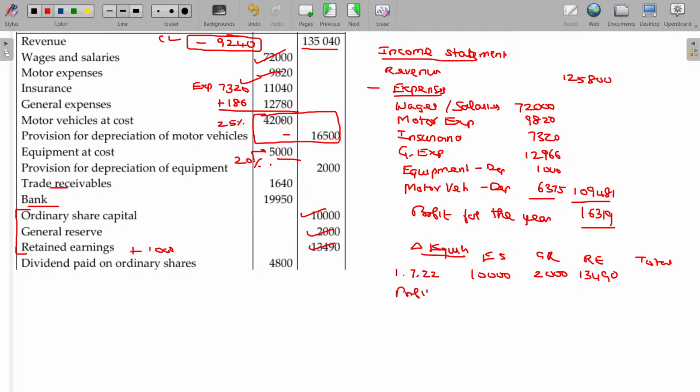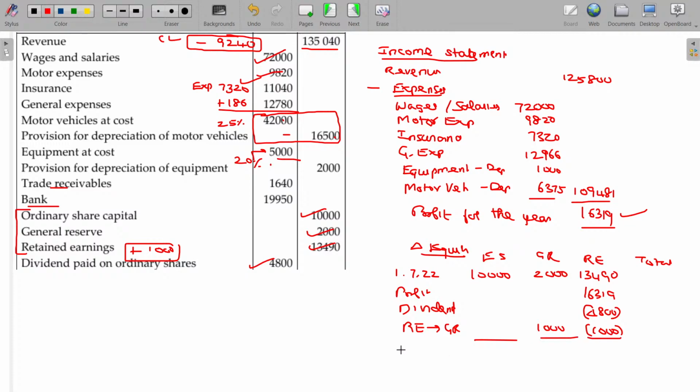Profit for the year we have calculated here, so I have to add this 16,319. And dividend payment will be subtracted from the retained earnings, 4,800. And retained earnings to GR transfer 1,000. In GR, that 1,000 is added. Here, that 1,000 is subtracted.